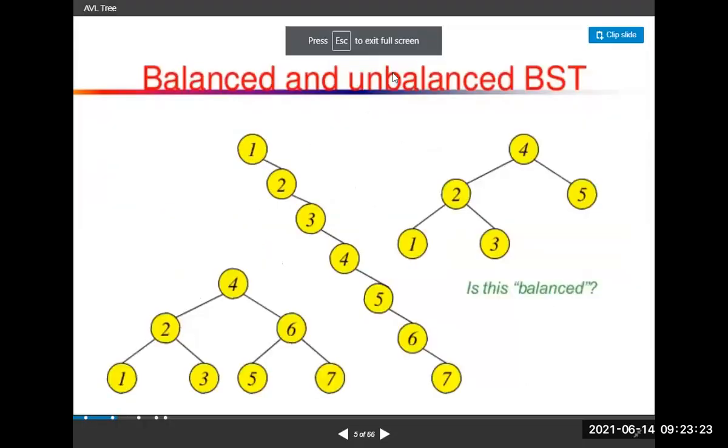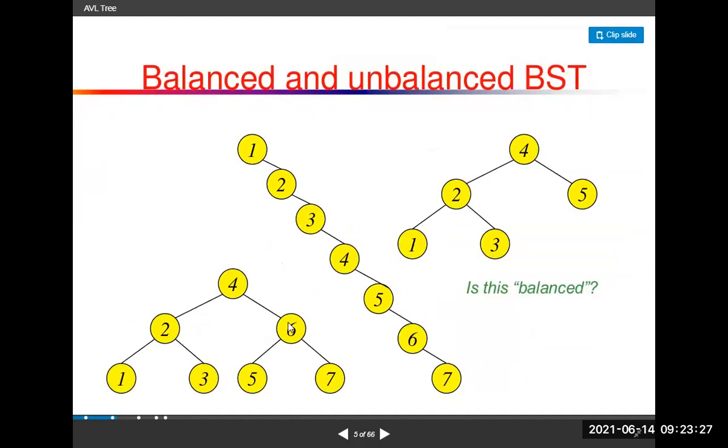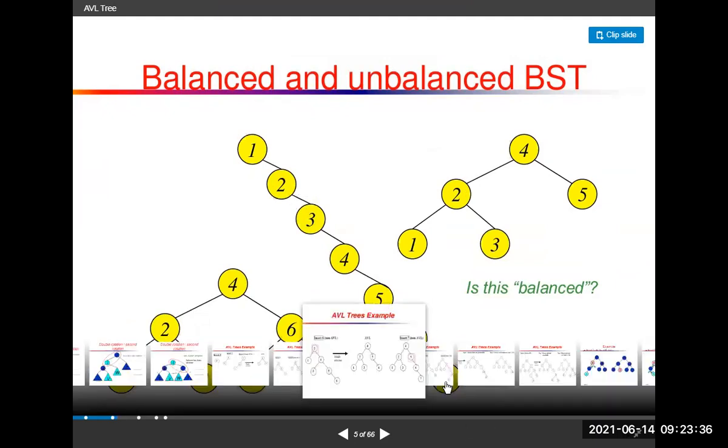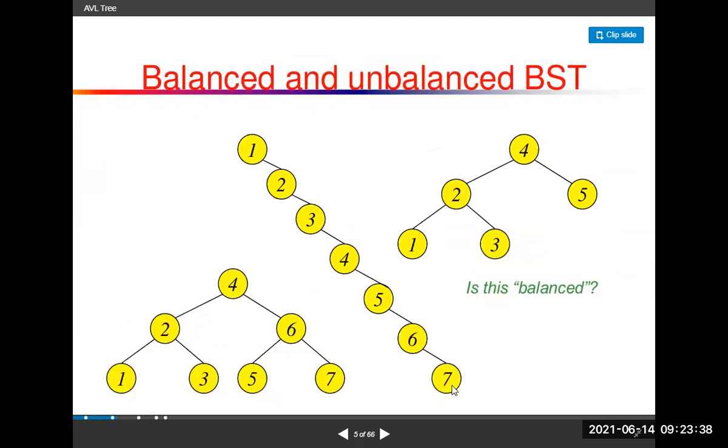Why do we consider the AVL tree concept? See here, this is a binary tree, a right skewed binary tree. So only on the right side the nodes are connected. In this, if you want to search for item 7, first you compare with 1, then 2, then 3, up to the height. What is the height of this tree? 10.